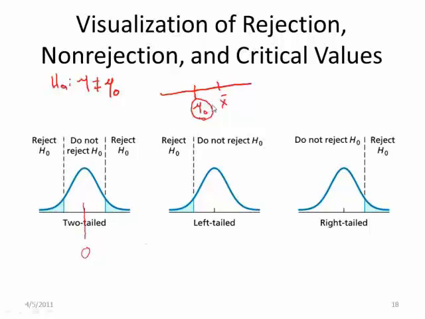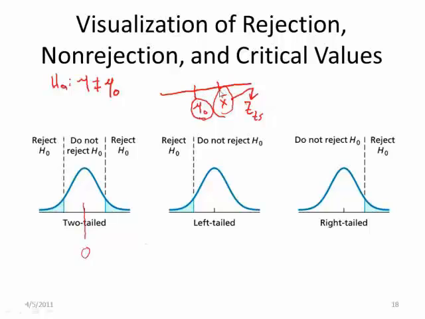So notice here, when I go to standardize, x bar is going to become my test statistic, and I'm just going to call this z sub ts.